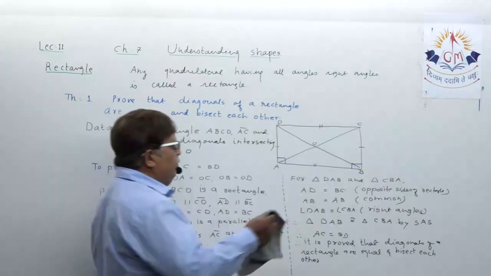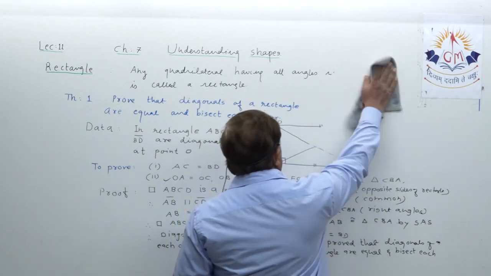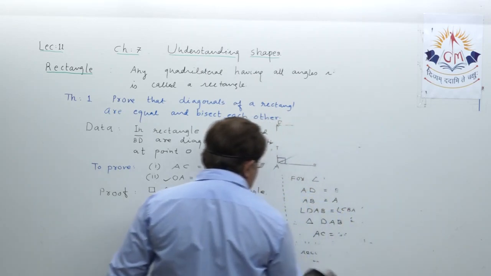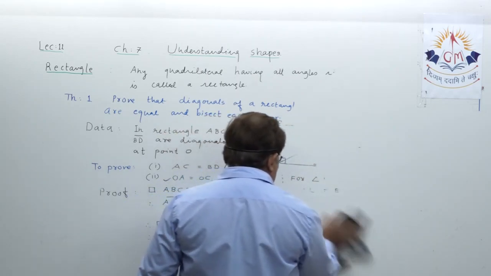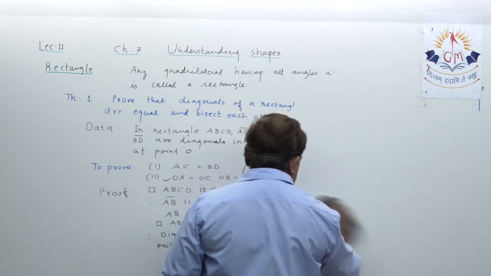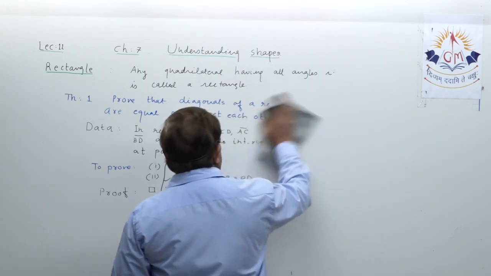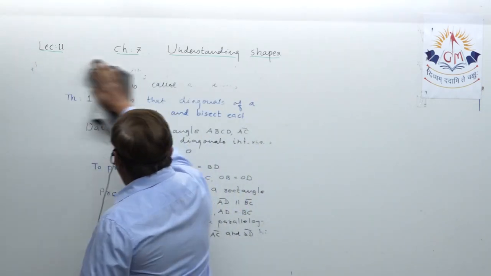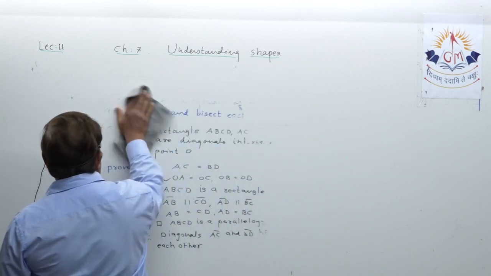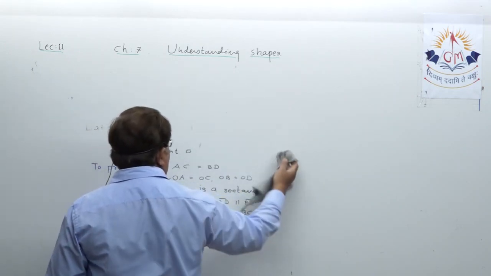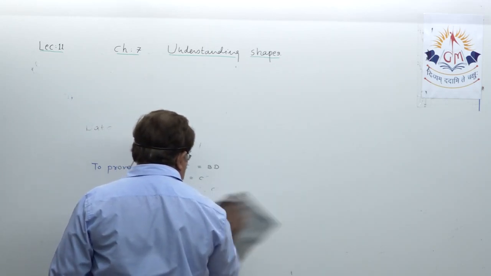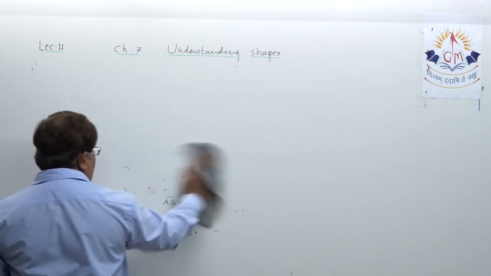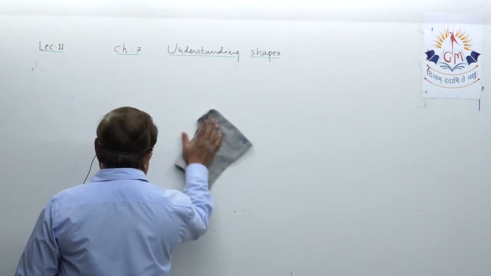Let us solve one example here. And this example utilizes two properties of a rectangle. Which are those two properties? All angles are right angles and diagonals are equal. Those two properties are applied here in solving this particular example.